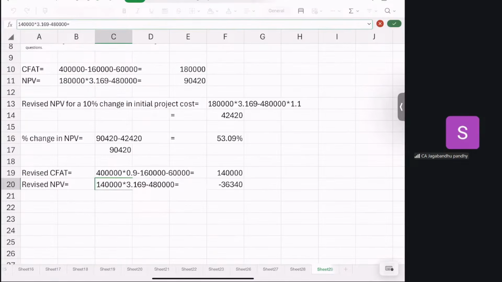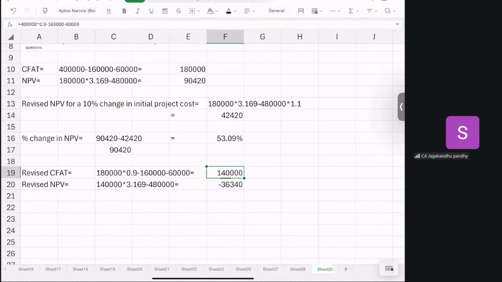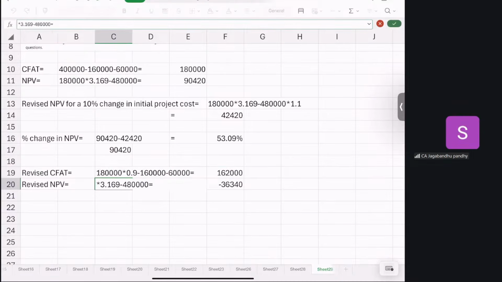Okay, so cash inflow. Let's check. 1,80,000 into 0.9, 10% adverse variation. If we do this it's 1,62,000.